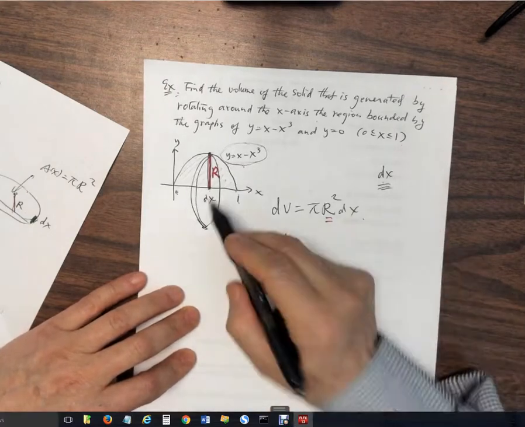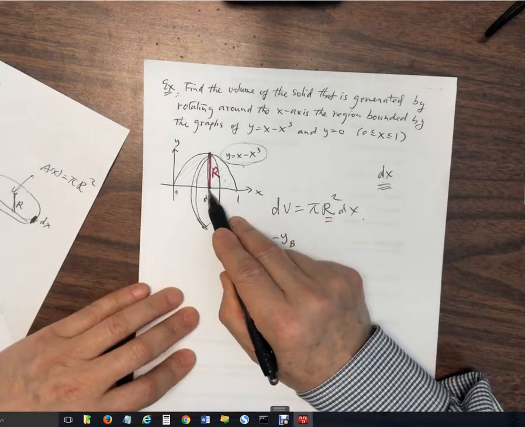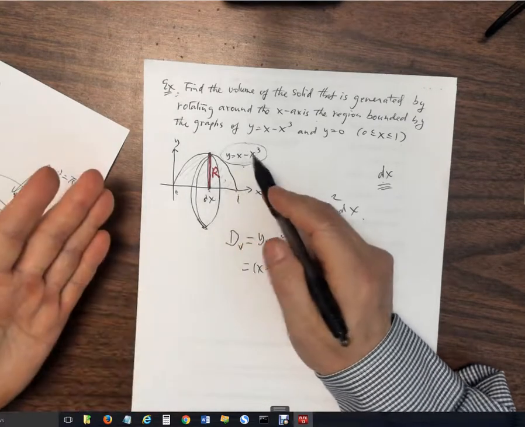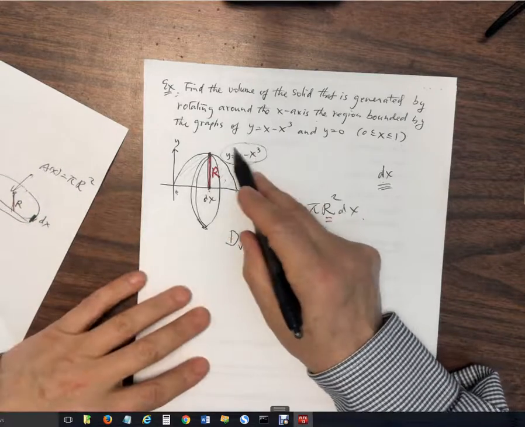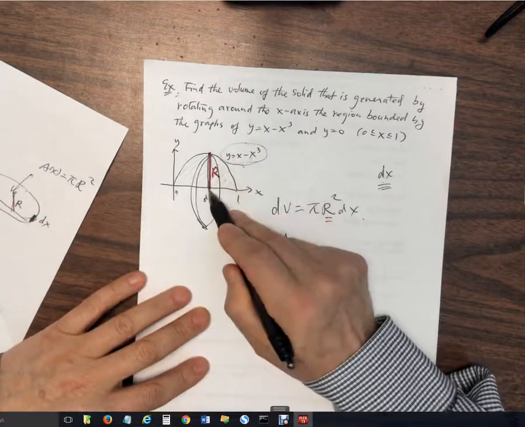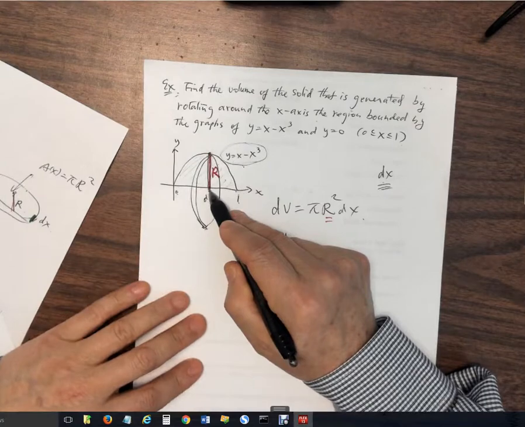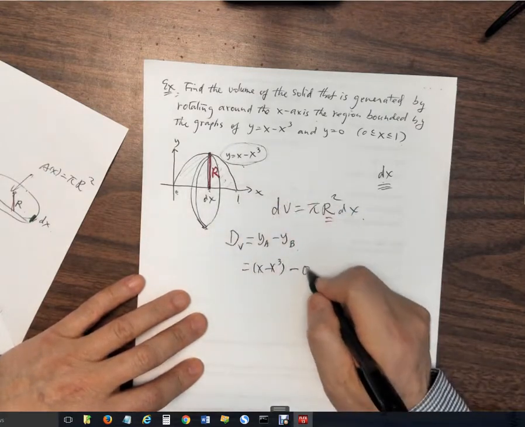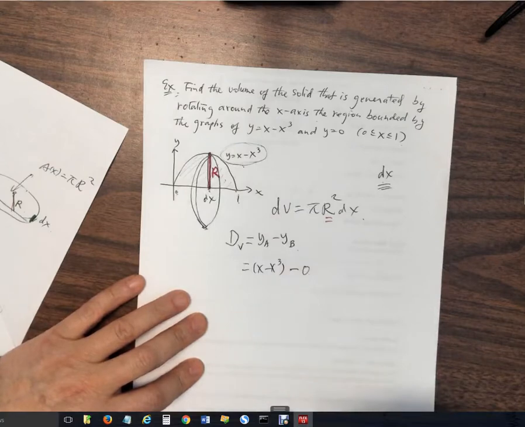Now y_B. y_B is the y value or y expression. Sometimes you're given a y value, sometimes you're given a y expression. Like up here, it's a y expression. Down here, let's see, it's a y value. The y value is 0. So we plug in 0 for y_B.